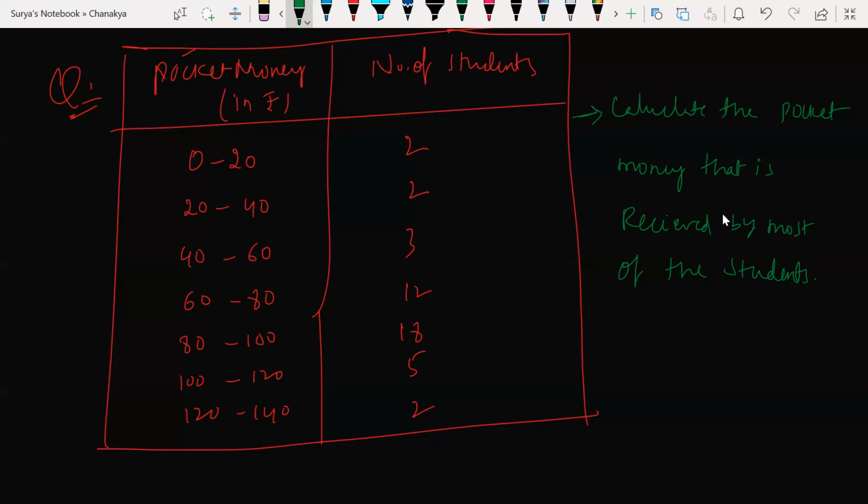This is organized data. For unorganized data, if I talk about the number of students, then 2 would have been my mode. Quick, find it out.